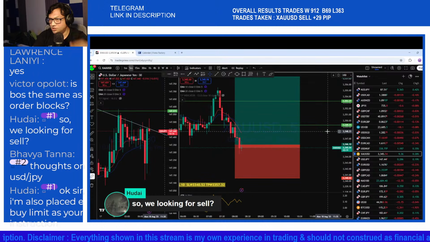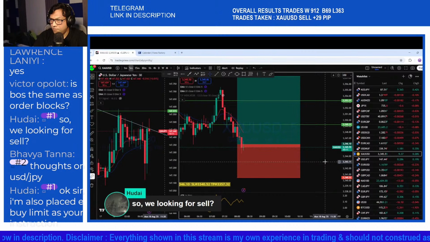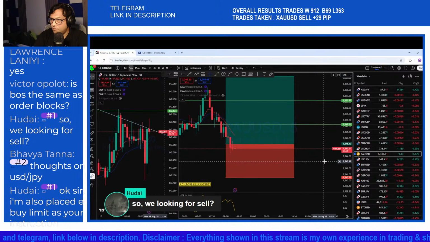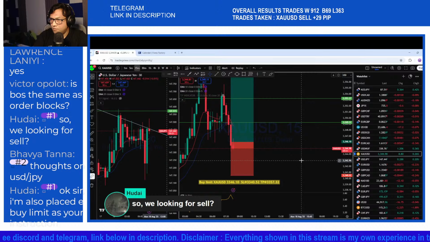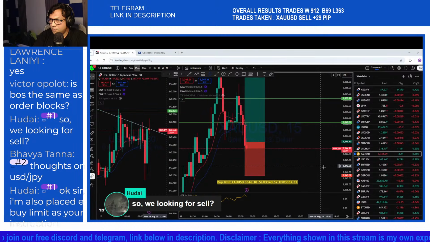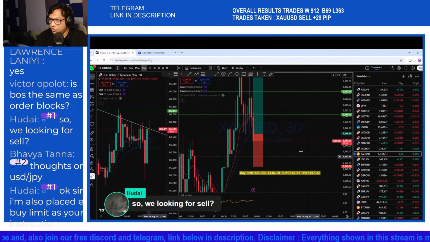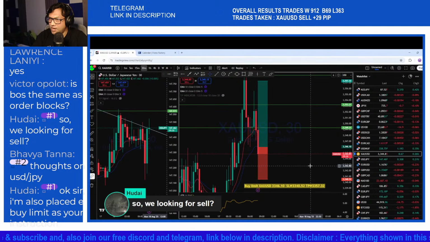Looking at the 5 minutes here, we see there is a doji now. Now looking at 30 minutes, you can see the market has crossed this 10 and 20 EMA, and that crossover.